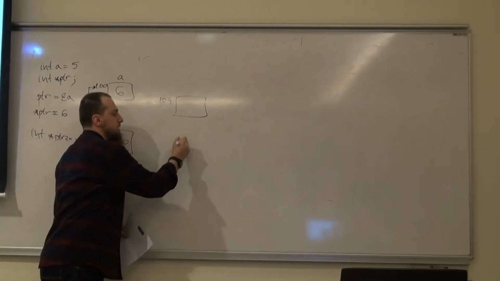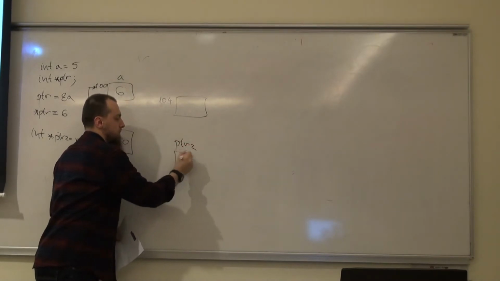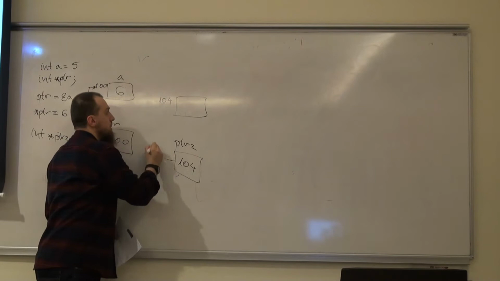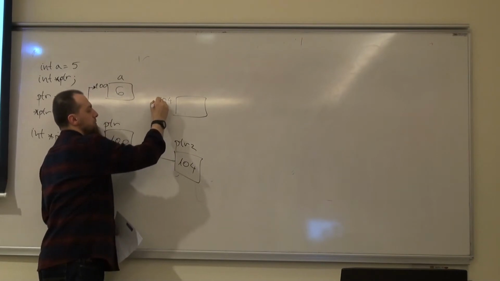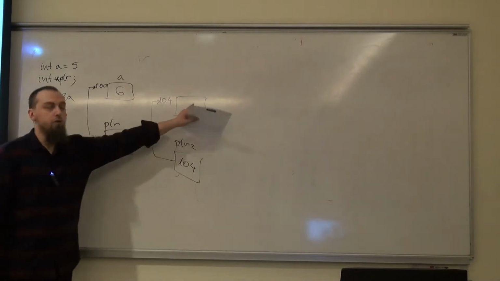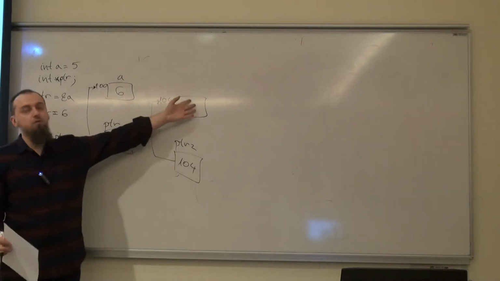So I have another ptr2. We have here 104, and this ptr2 is pointing here. Okay? We don't have any value here. We have a value, but that value makes no sense.